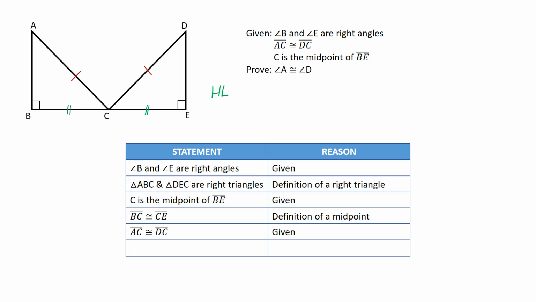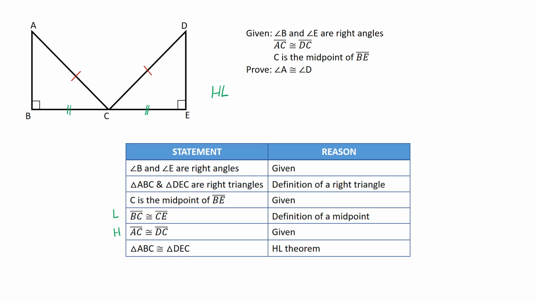And so now we've got our leg and our hypotenuse. They're out of order, but again, it doesn't really matter the order, so that's fine. We just have to have both of these things as statements before we can say triangle ABC is congruent to triangle DEC, and that is because of the HL theorem. So if that's all we wanted to do, we'd be done. But we've got one more thing we've got to say.